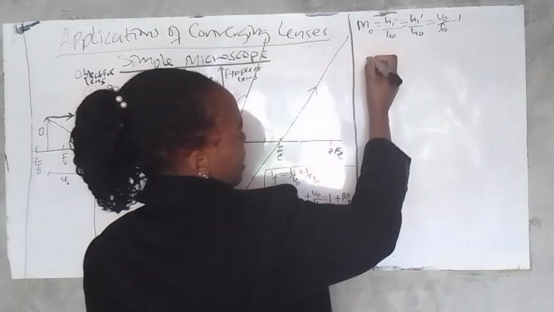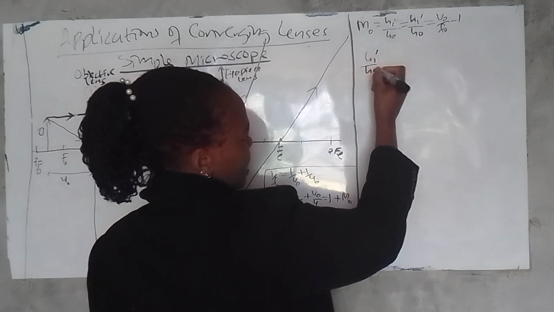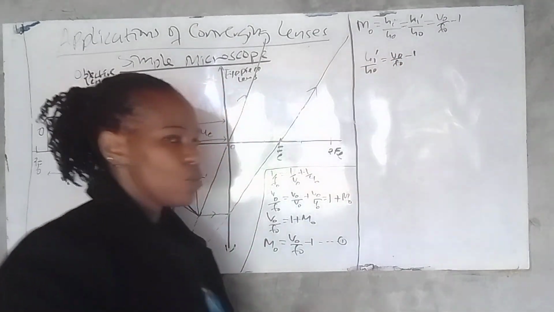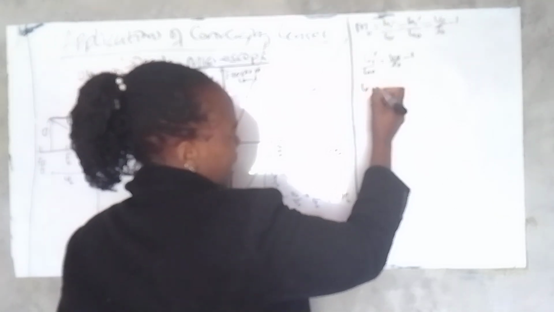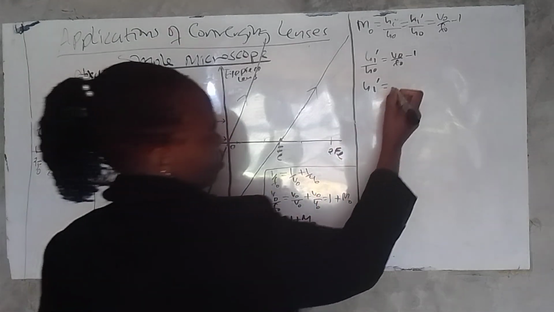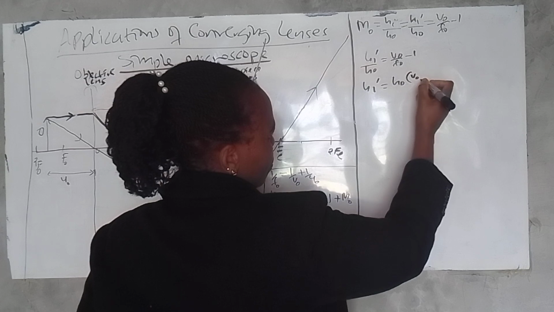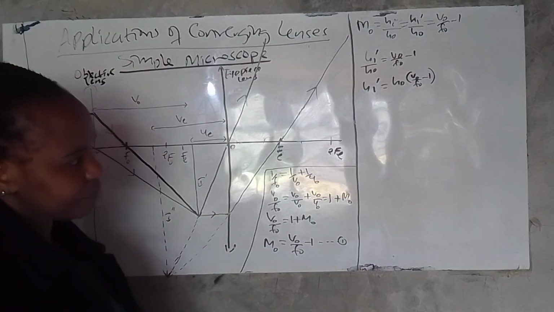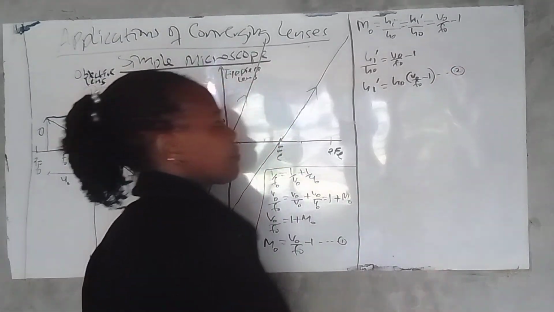So we are saying height of our image I prime over H naught is V naught over F naught minus 1. So what am I interested in here? HI prime, height of this image, will be equal to height of object into V naught over F naught minus 1. That's very important. I take that as my second equation.